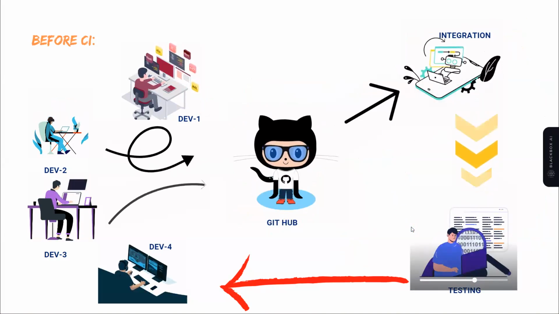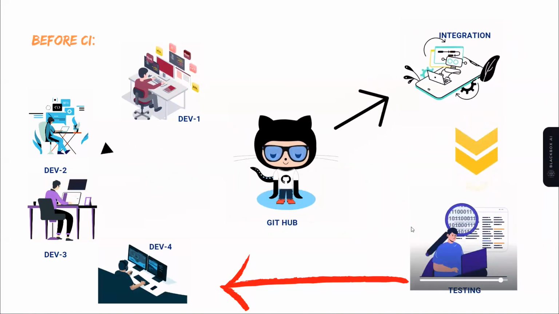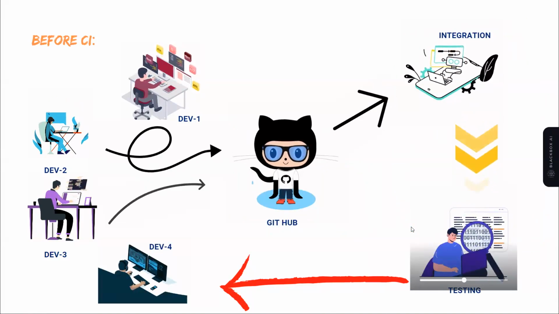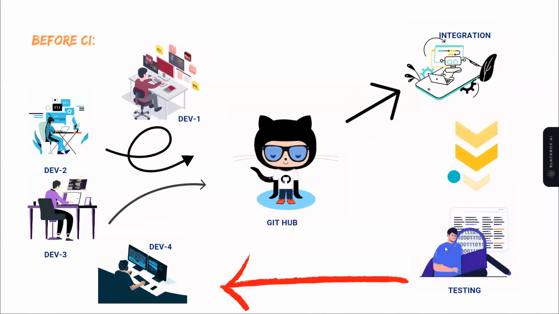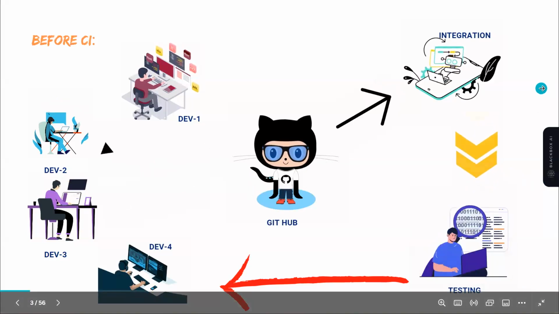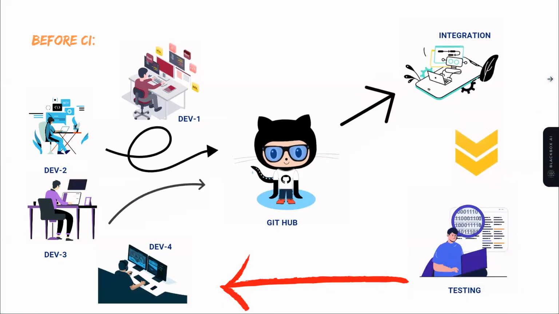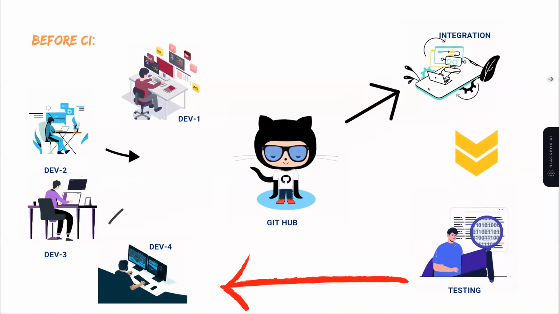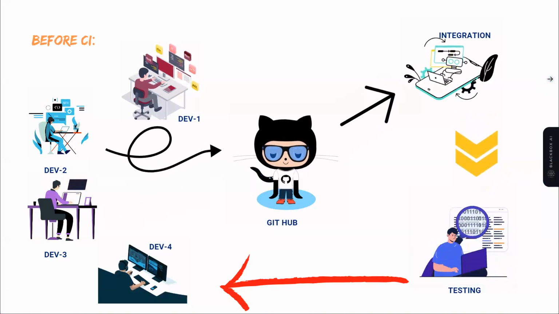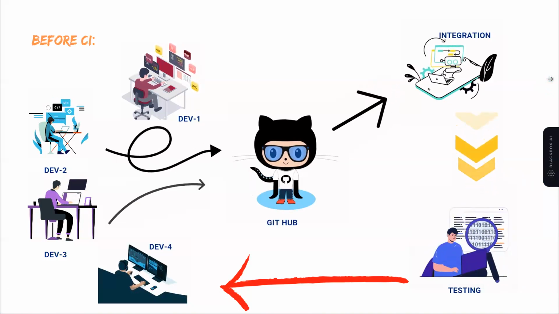Everything is manual work. If it is manual work, mistakes might happen automatically. First, the major disadvantage is time waste. Second, everything is manual, and when manual processes happen, you will definitely face issues, simply mistakes. So, are we seeing the disadvantages of before continuous integration or not?